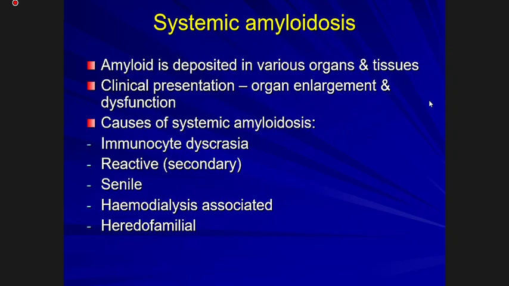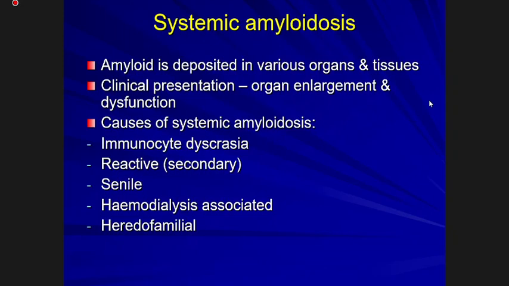Sorry, is it important for us to know the chemically related precursor protein for each of the amyloidoses? Okay, you have to at least know the one that is put in the table. So at least you should know the major one.